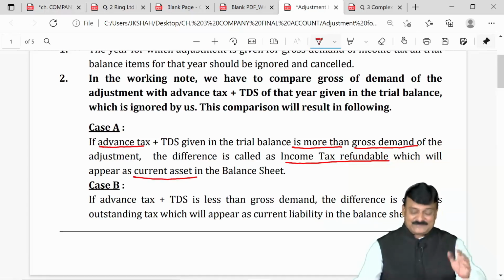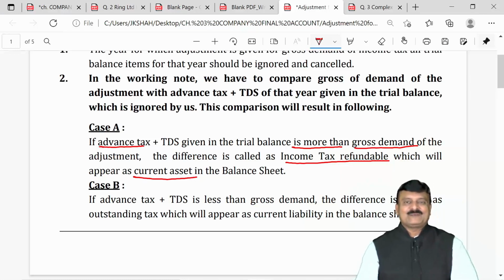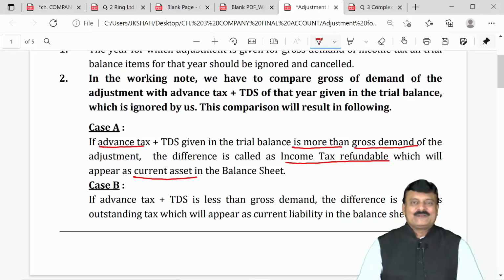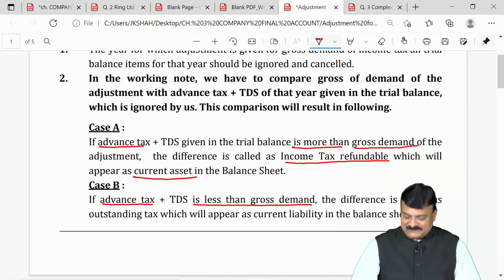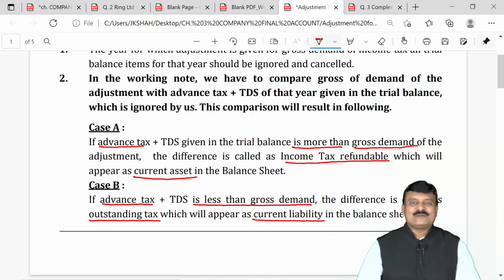Second case, if advance tax plus TDS is less than gross demand, the difference is called outstanding tax. So suppose advance tax paid by us is 1 lakh and assessing officer is demanding 1,10,000, so we still have to pay 10,000, that is outstanding tax. So if advance tax is less than gross demand, the difference is called outstanding tax, which appears as a current liability.